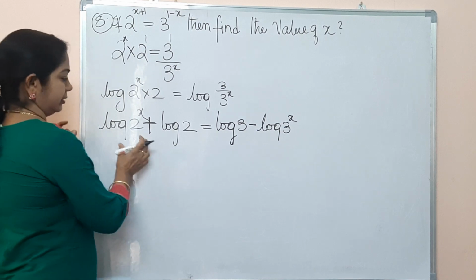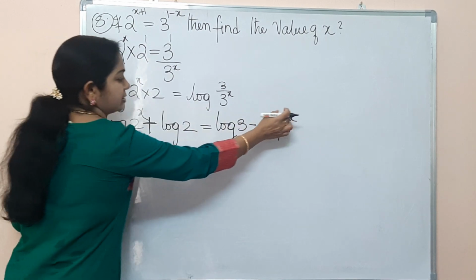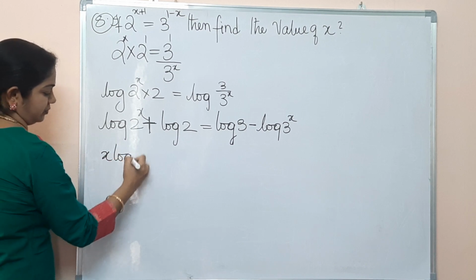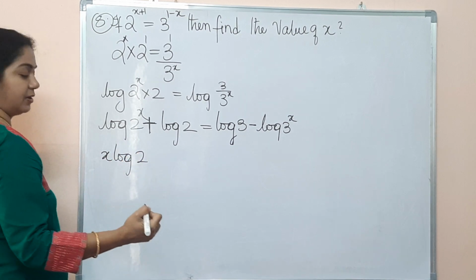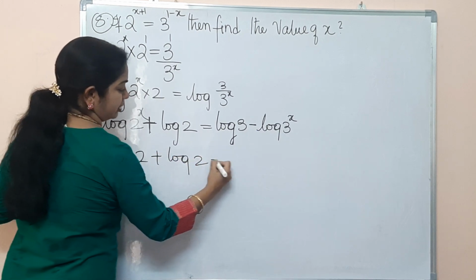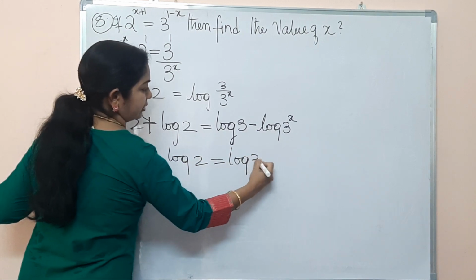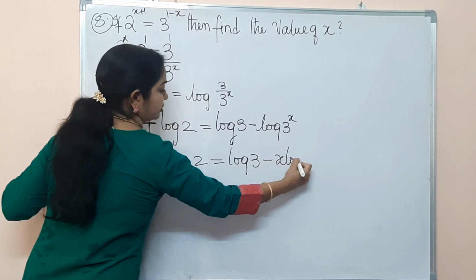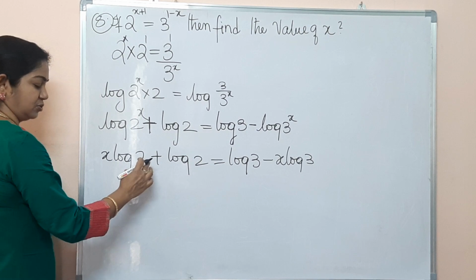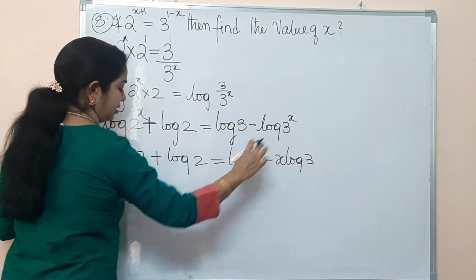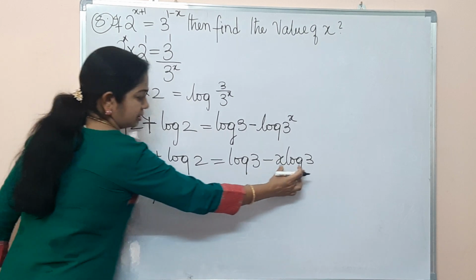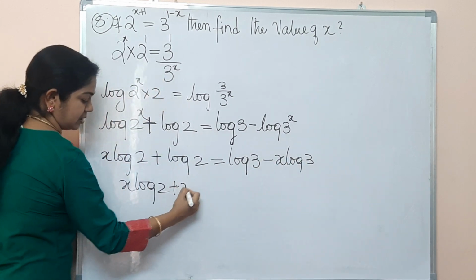Now here we will bring these powers to the other side. See, x log 2, we have used the power rule. Now this is log 2, here log 3 minus x log 3. We will bring the x terms to one side and the constants to the other side. So here x log 2, this term I will bring it here, it becomes plus x log 3.